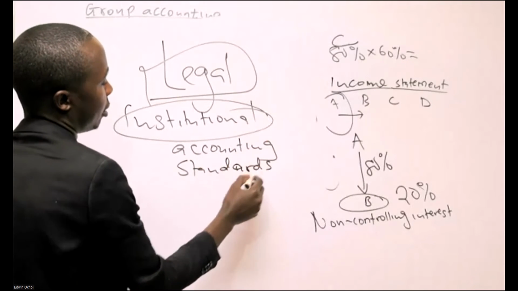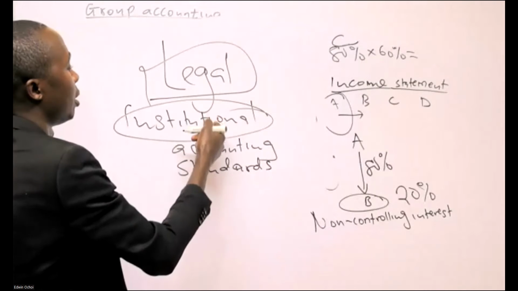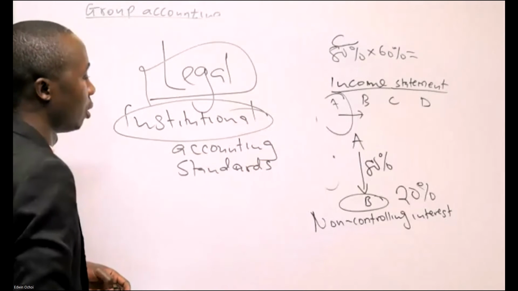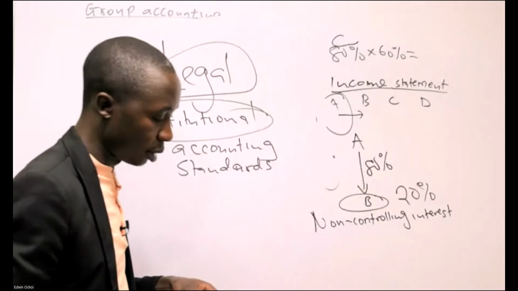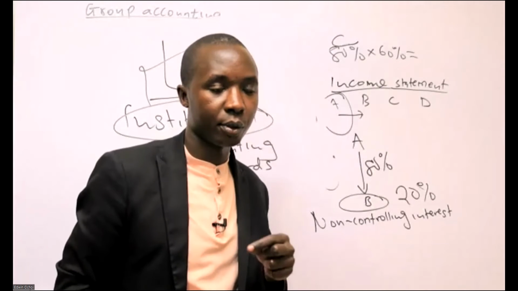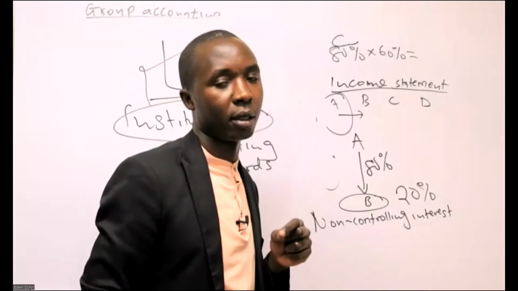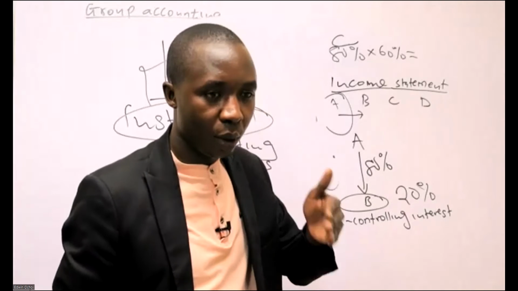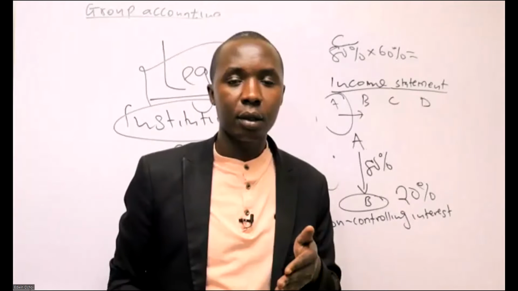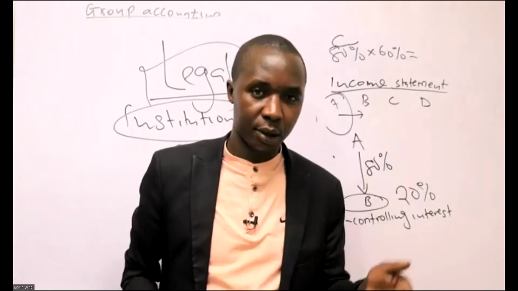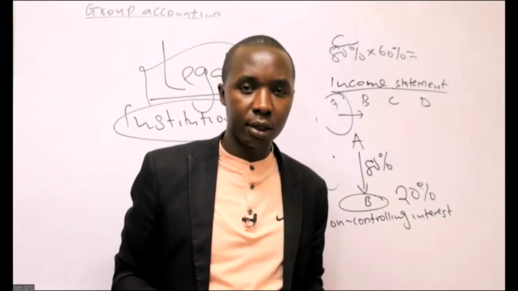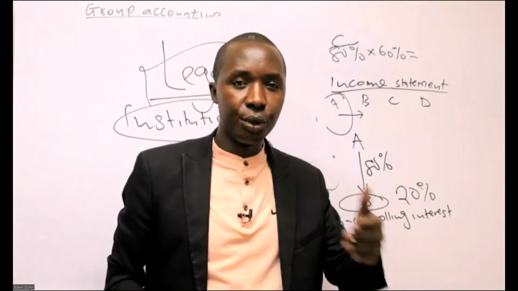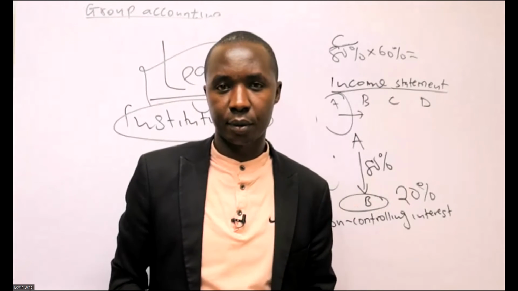Now, when I talk about the legal and institutional framework of group accounting, according to the legal, section 154 subsection 1 of the Companies Act says that when the parent has a subsidiary, it has to prepare consolidated statements and present them during the annual general meetings.